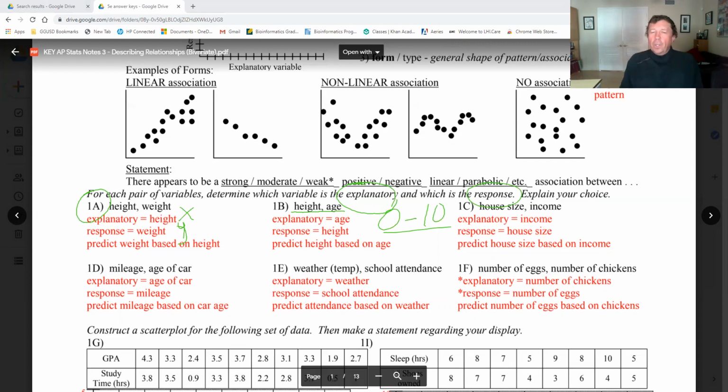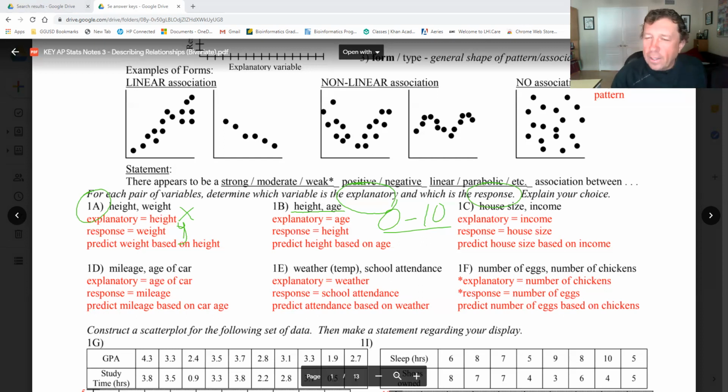So as you get older, you typically get taller, okay? And you've seen these charts probably for your little brother or sister, where they have that growth chart, and it's usually done in months, how tall you should be at a certain amount of months. So that would be a good example of that. And they give you percentile ranks, like I'm in the 95th percentile of height or whatever, okay?